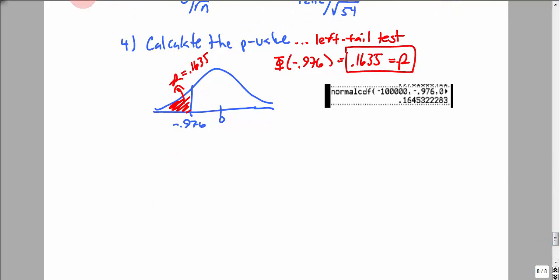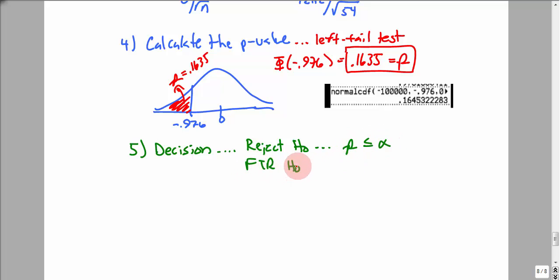Okay, now number 5 is going to make a decision. This is where we reject H0, if P is less than or equal to alpha, or we fail to reject H0, where P is greater than alpha.